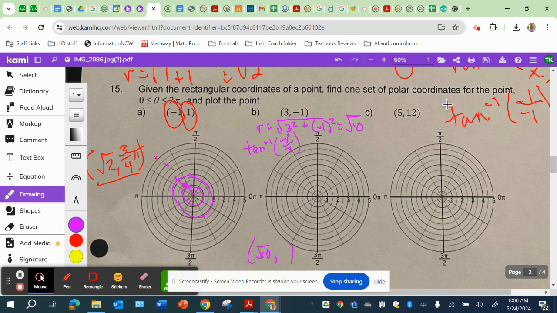So second tan of negative 1/3 is negative 0.3127, which would be somewhere down in here. So if you take that away from 2 pi, that would give you your value, because we want to go the other direction.